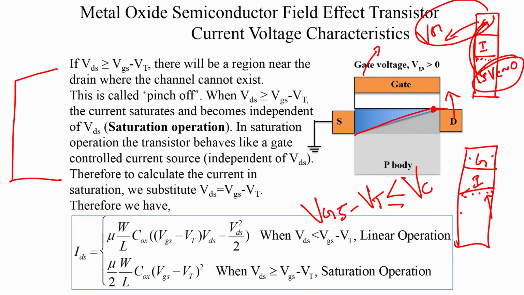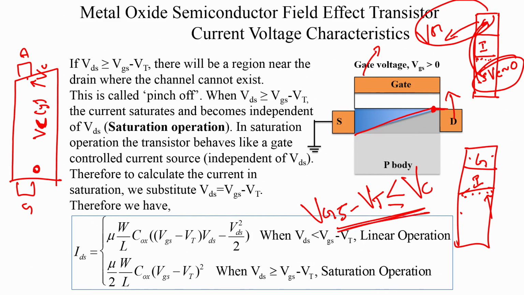I do not know if I was clear enough, so I am going to repeat this concept. We have a channel, a drain, a source, and a channel potential that is varying from source to drain. Now, the drain voltage is very high, so there is a possibility the channel potential is very large, particularly near the drain side, whereas the channel potential is close to 0 near the source side. So, you will have VGS minus Vt being greater than Vc near the source side, and you will have electrons there.